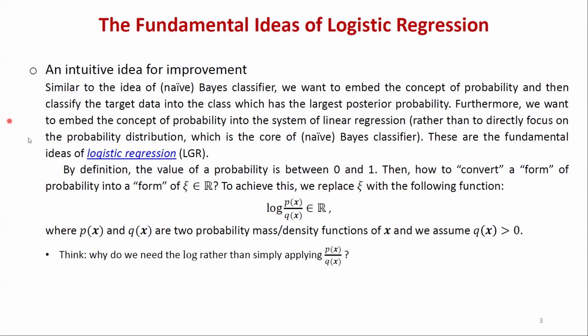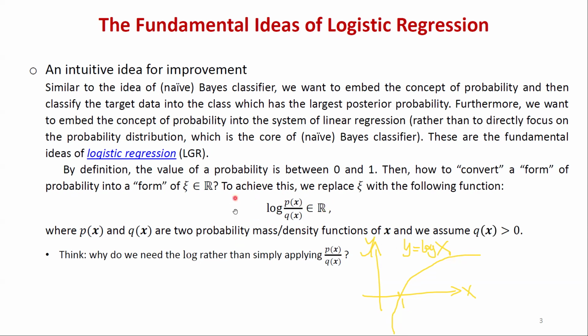Why? Because, what does a log function look like? This is x, this is y. The log function, this is 1. The log function just looks like this way, right? Y equal to log x. And hence, think about it. Since my P over Q is any number between 0 and positive infinity, the log will occupy the whole R line.